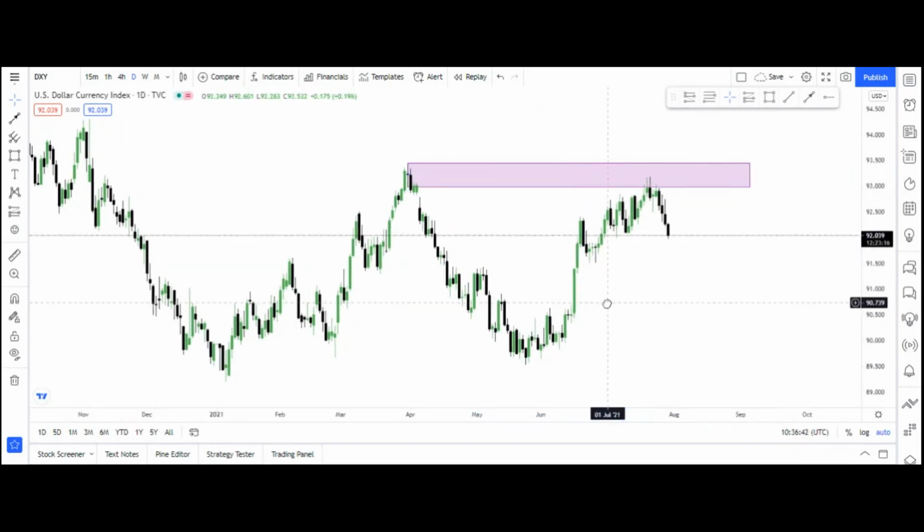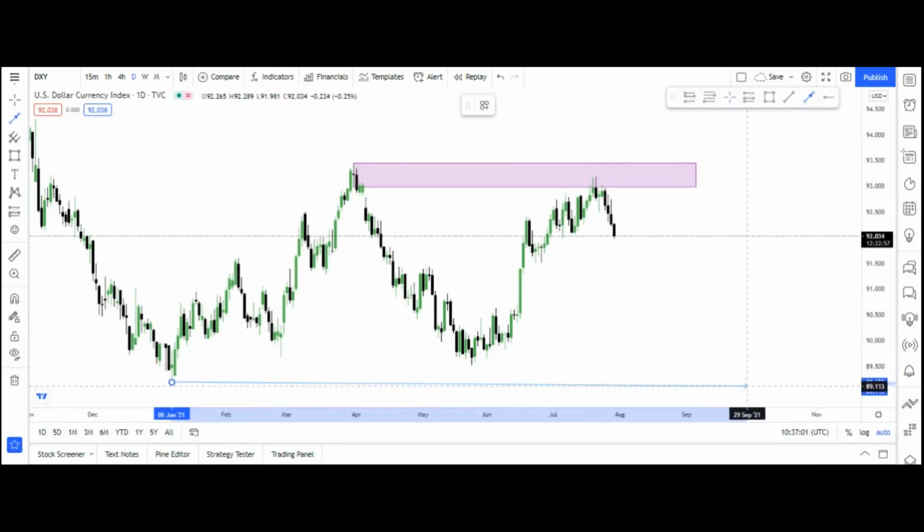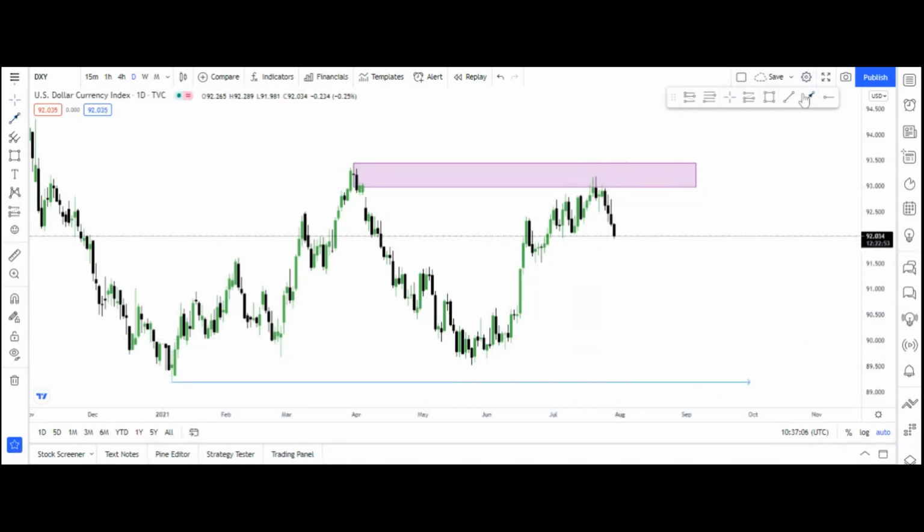Dollar traded back into this origin, and that was why I sent what do you see on this chart. It traded back into this origin, and we are moving down at the moment. We have an old low right here. We have a first quarter of the year low, Q1 low right here, and we have Q2 low right here.